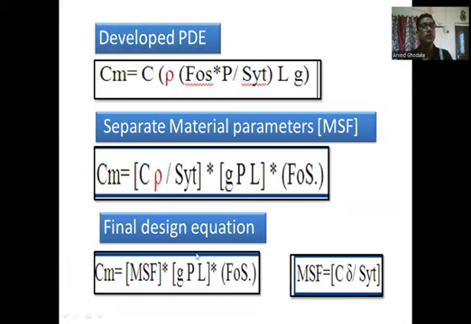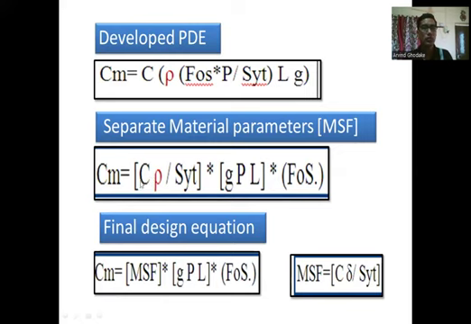So the developed primary design equation, the final design equation, is Cm is equal to C into rho into factor of safety into P divided by SYT into L into g. So this is the final developed PDE for minimizing the cost. Then we are separating the material parameters, MSF.